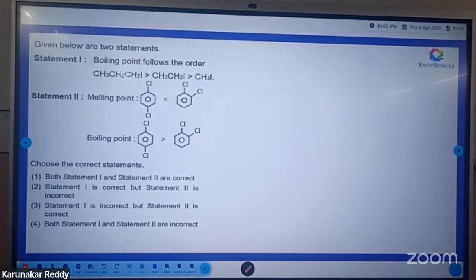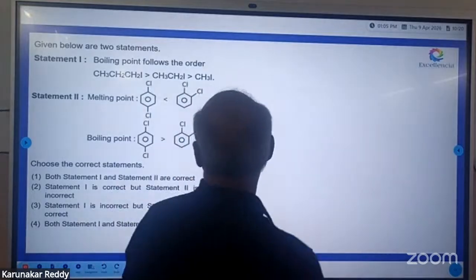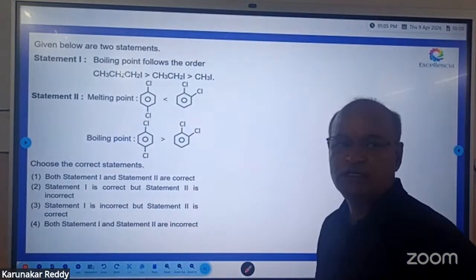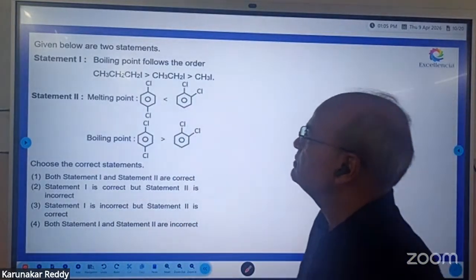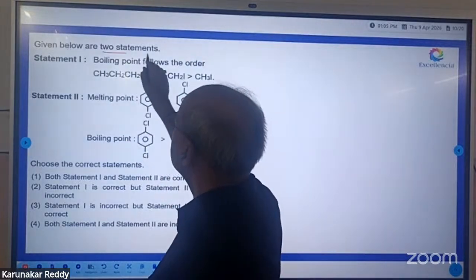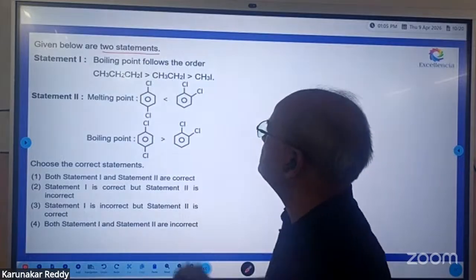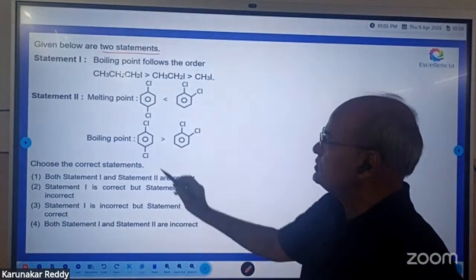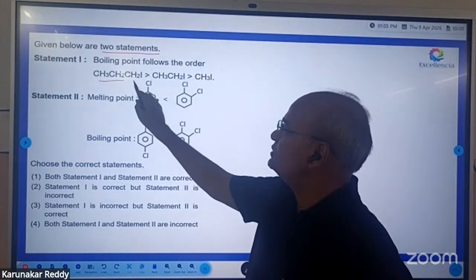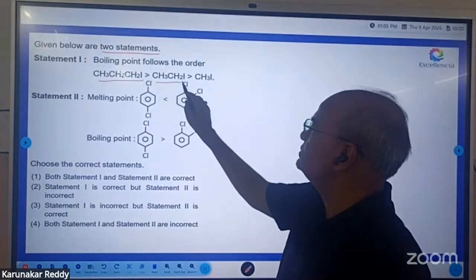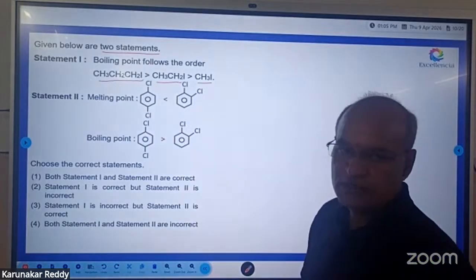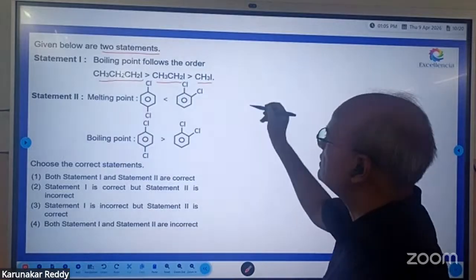Then this is related to haloalkanes and haloarenes. It's one of the easy examples. But the thing is that they gave us two statements. Statement one says the boiling point follows the order CH3CH2CH2I, CH3CH2I. They are homologous alkyl iodides.